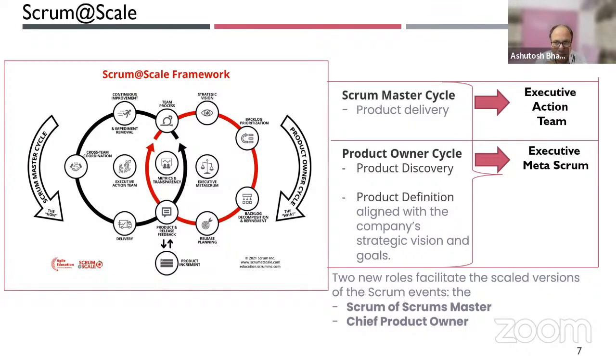The second role is the chief product owner. Ideally, if I were the framework designer, I would have created the roles chief Scrum master and chief product owner, rather than an SOS master or a Scrum of Scrums master. That would have been a better role name, just like we have a chief product owner. So that is what is called the Scrum at Scale framework.